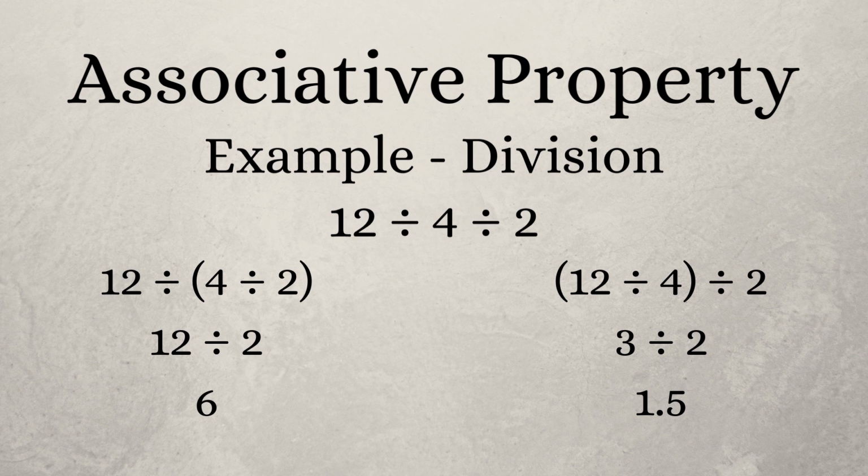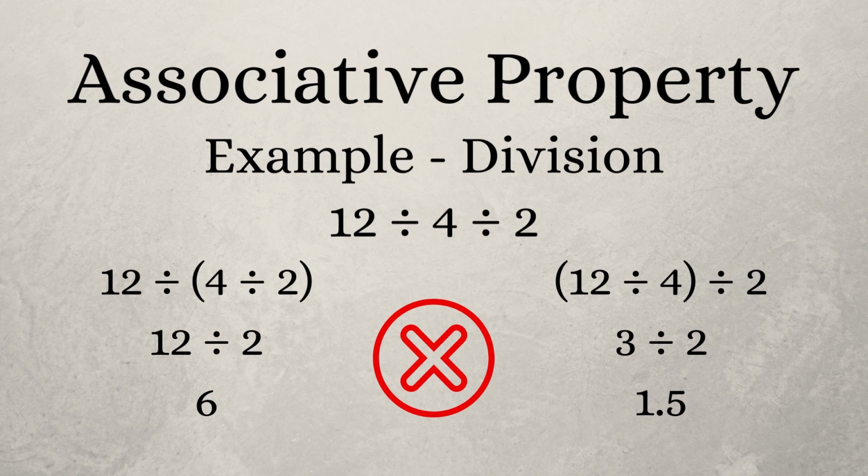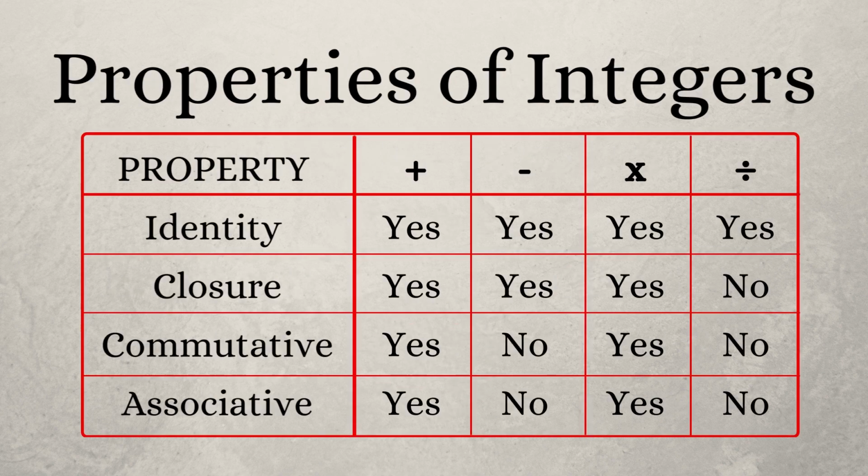Now you can see there are two different answers. So associative property doesn't hold good for division. I've given a table to understand all the properties in one shot. Hope this video has helped you understand the properties easily.